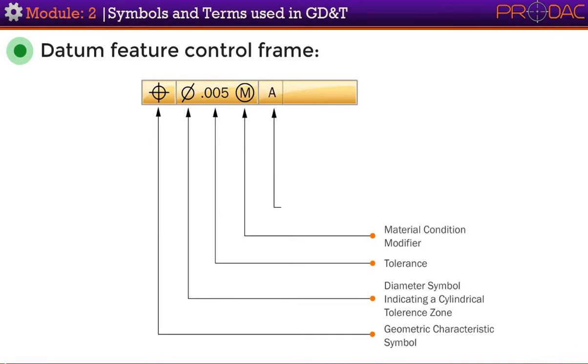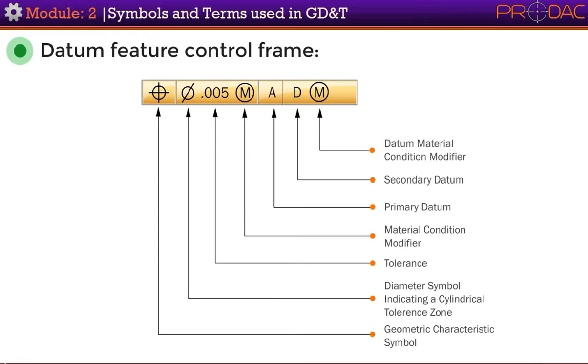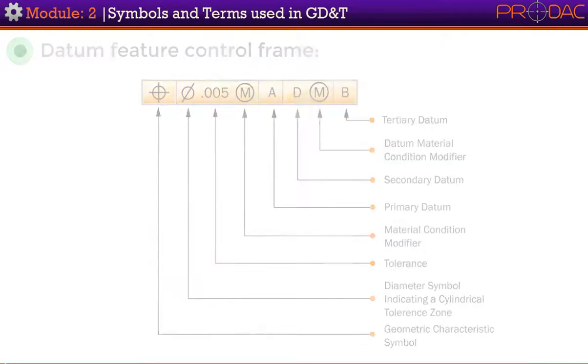Third compartment is for datums. We may have either just one, two or three datums depending upon part design and assembly condition. Datums are always assigned in the order of precedence, which means first primary, then secondary, and finally tertiary datum.